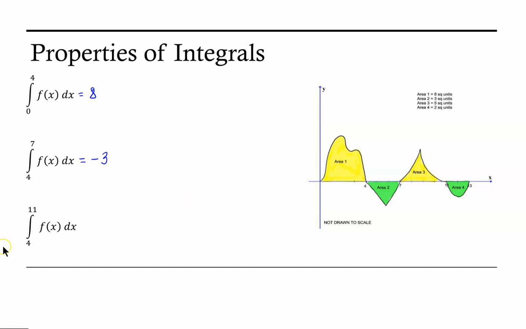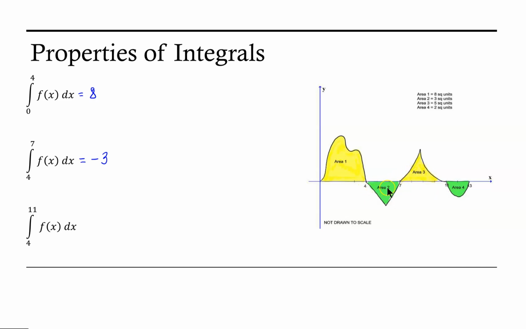Our next example is the integral from 4 to 11. So the interval that we're looking at on the x-axis is from x equals 4 to x equals 11. And notice that this spans 2 different areas.